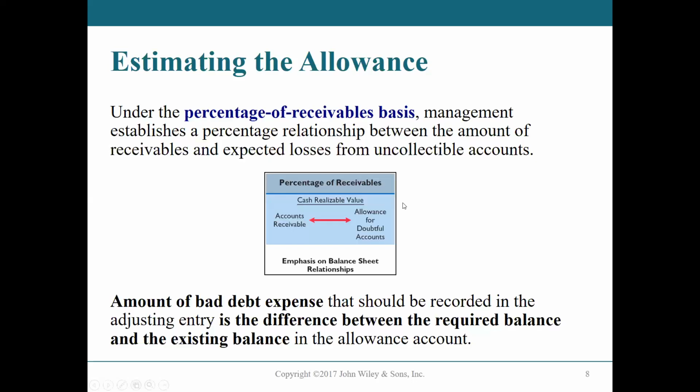So what that means is if I had a balance in my allowance for doubtful accounts of a credit balance of $5,000, and then I estimated in the next year that I wasn't going to be able to collect $12,000, I don't take the full $12,000 as an expense.